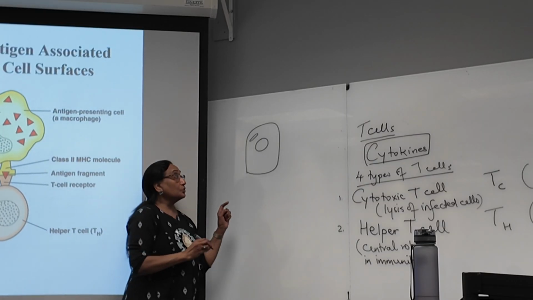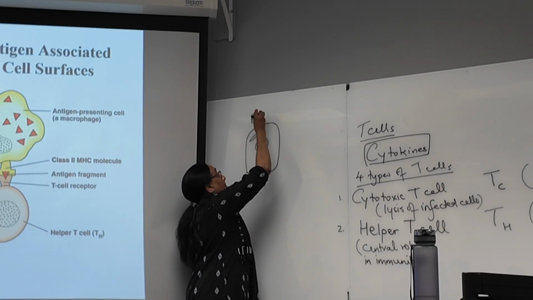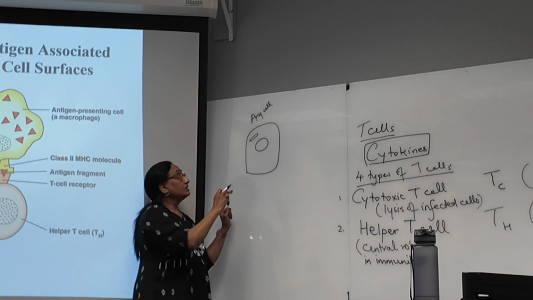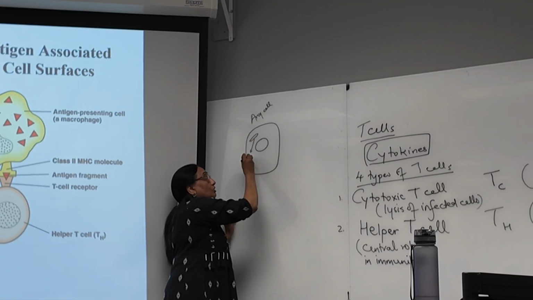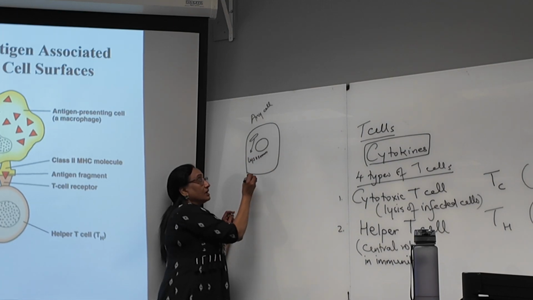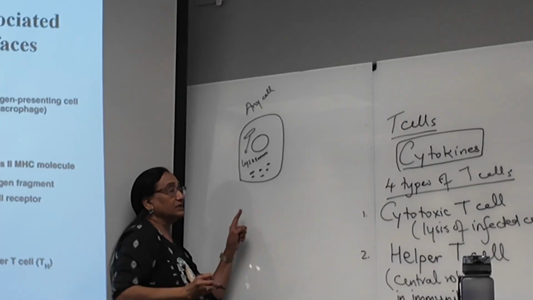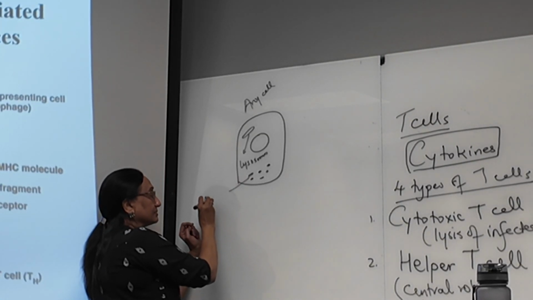Whenever a cell gets infected, let's say this is any cell in the body, and the pathogen enters, this pathogen will be destroyed by the lysosomes. Pieces of the antigen, pieces of the bacteria, are called antigen fragments.